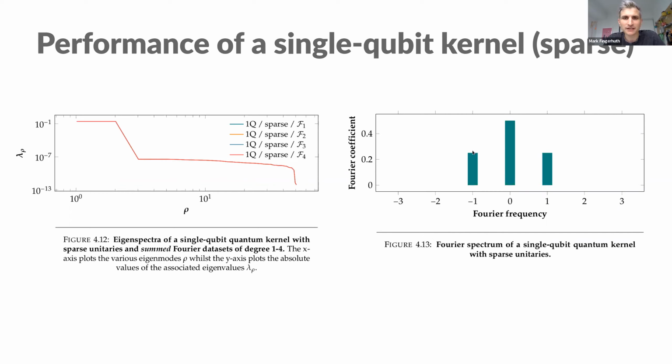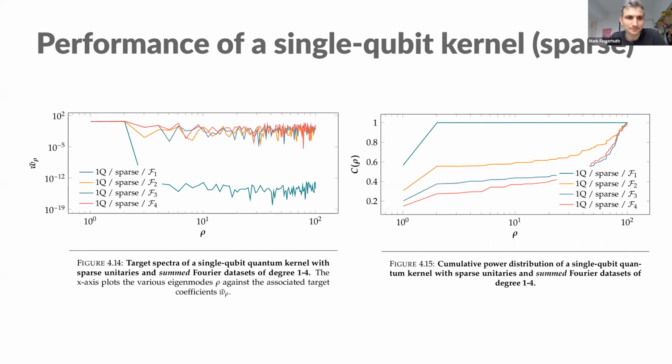This immediately allows us to relate it back: because the quantum kernel only has a single Fourier frequency in its decomposition, it is only able to learn a Fourier data set of degree 1, simply because it lacks the additional complexity.